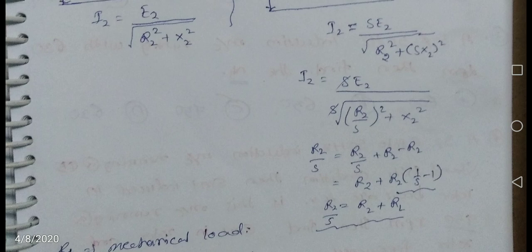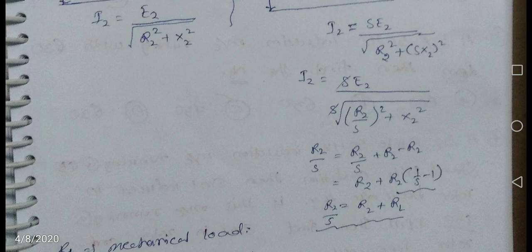On the right-hand side, R2 by S plus R2 minus R2, which gives R2 plus R2 into 1 by S minus 1.